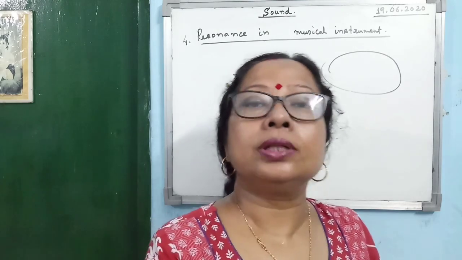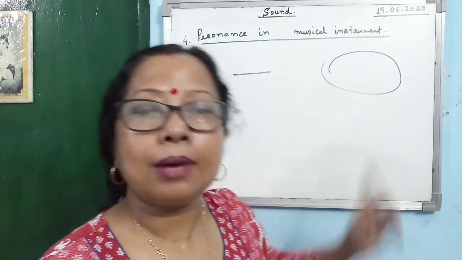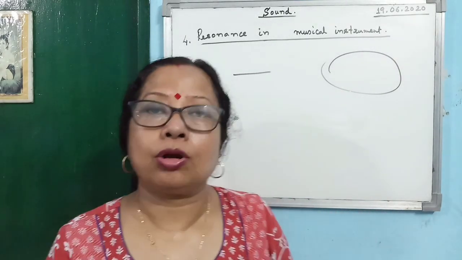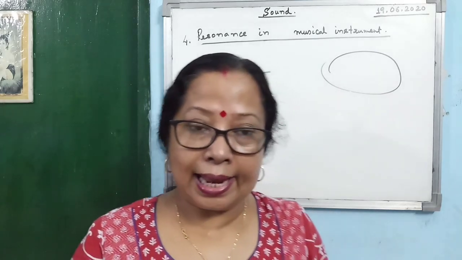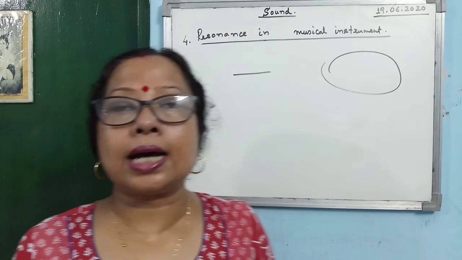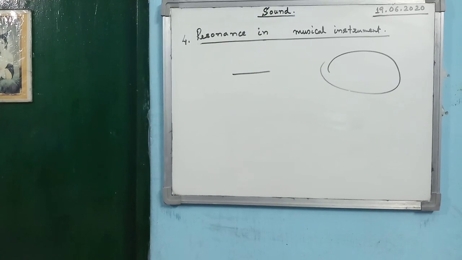You should write that the frequency of vibration of the stretched string or the membrane is equal to the frequency of vibration of the air enclosed within the hollow box. Alright, so these are the two points that should be there in your answer.